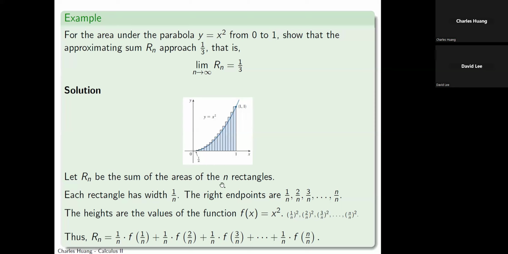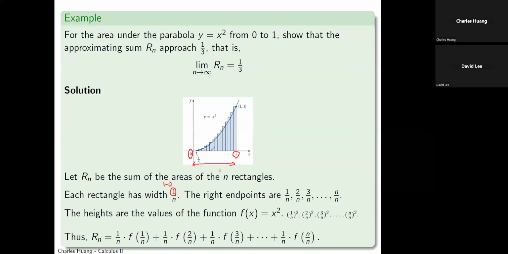If there are n rectangles, each rectangle will have the width of 1 divided by n. Now, we have the 1 on top because we started from 0 and go up to 1. So I will find that the total interval is 1 minus 0. The interval here is 1, and so that's why I use the 1 here. The distance here is 1.